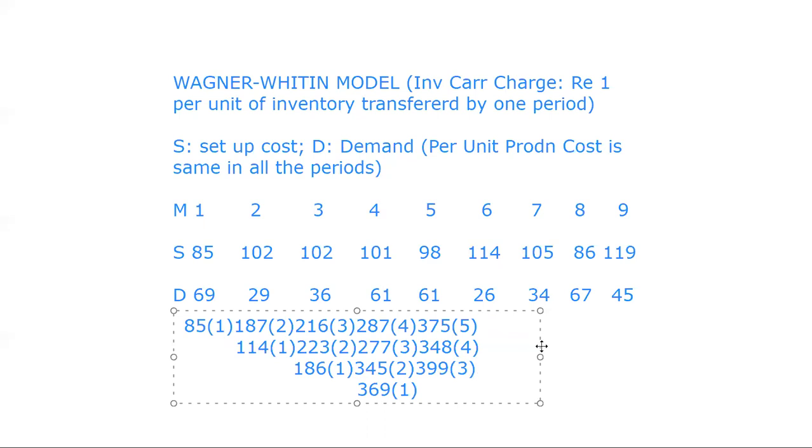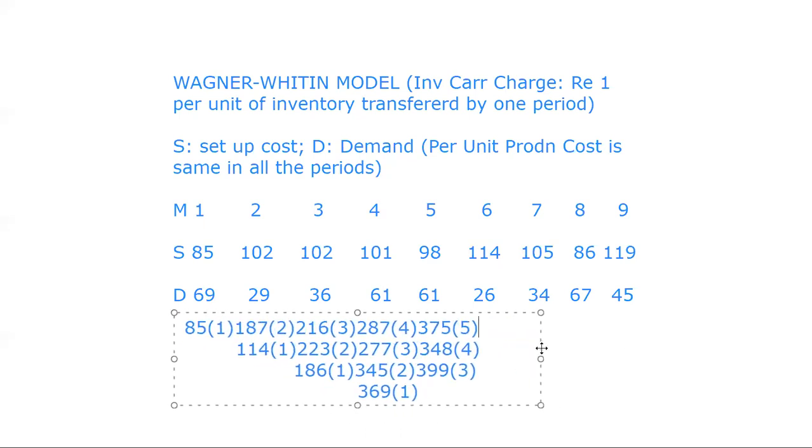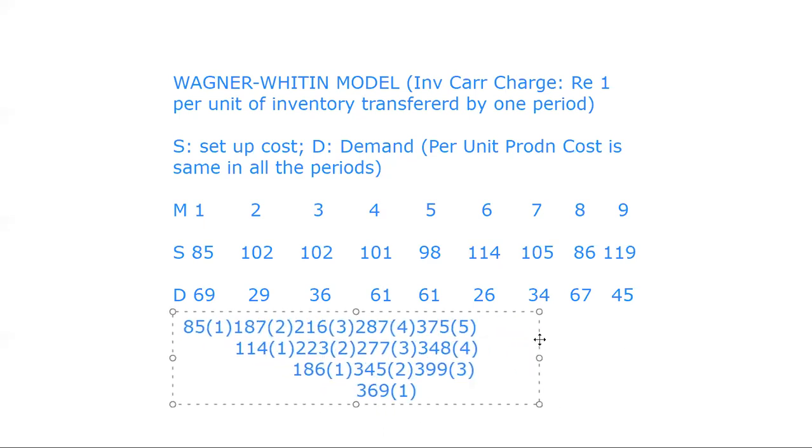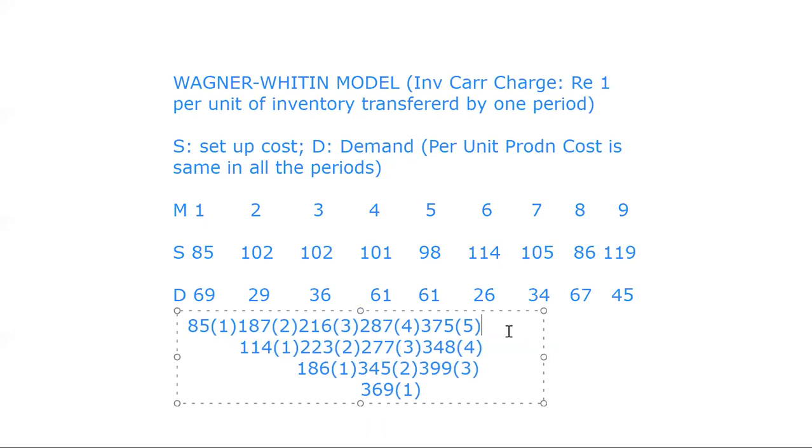Then I again go ahead and come to this portion. So for a 6-period problem, I produce in period number 6. What is my cost?